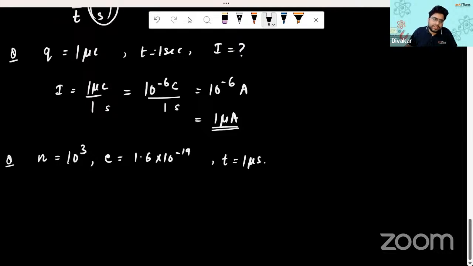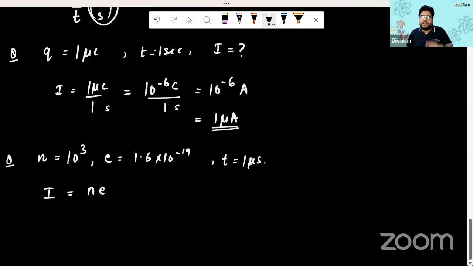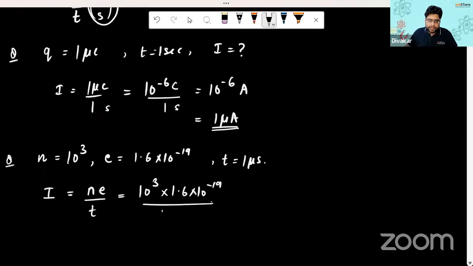So if I ask you what is the current, although this number is very small, it can go very big, 10 to the power 18 and all. But let's say for our purpose, we are taking it like this. First of all, you don't know the amount of charge you have. So first you need to calculate the amount of charge, and that is N into E. Then you divide it by T, and then you substitute the values. So you will say 10 to the power 3 number of charges are flowing, each charge has value 1.6 into 10 to the power minus 19, divided by 1 into 10 to the power minus 6.